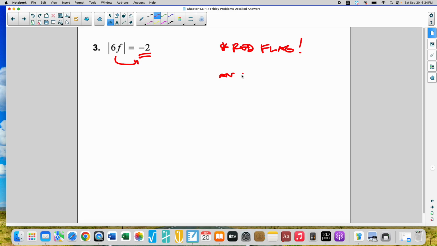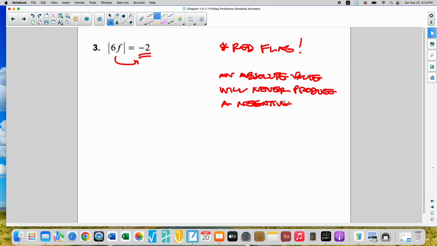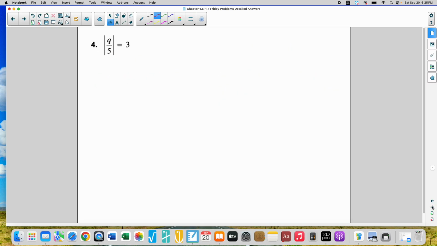An absolute value will never produce a negative number, because absolute value only has positive distance. It's saying, hey, this distance equals -2. That is no solution. That is a no. You can't have a negative distance.